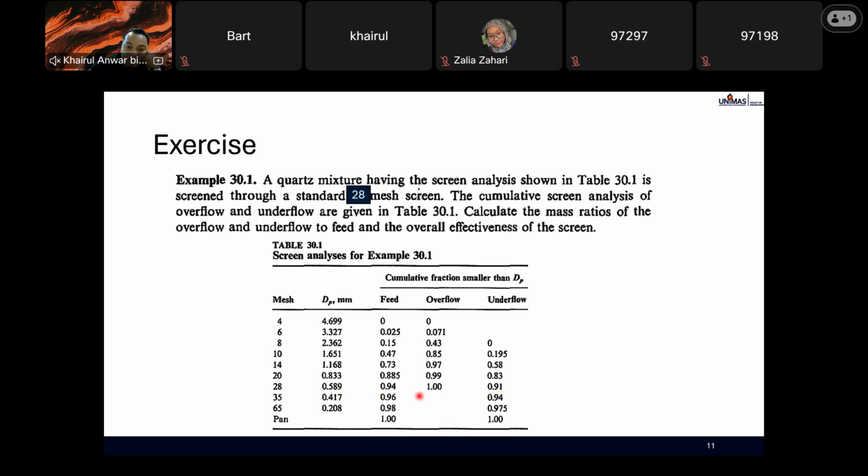So identify the XF, XD, and XB. XF 0.94, XD 1, XB 0.91. So from here, you identify the ratio of overflow to feed.